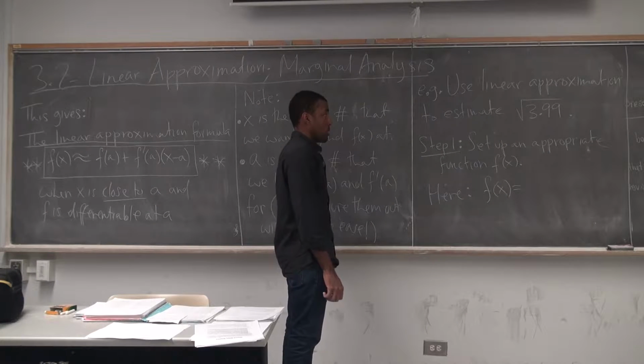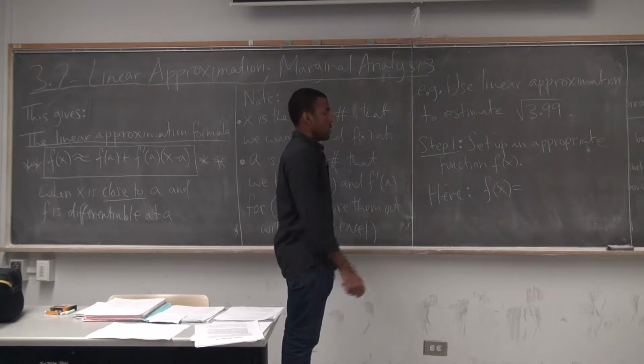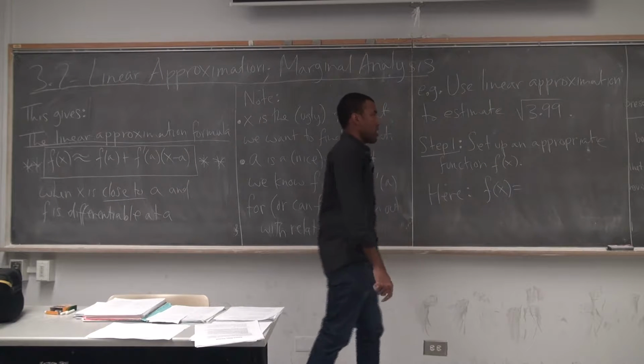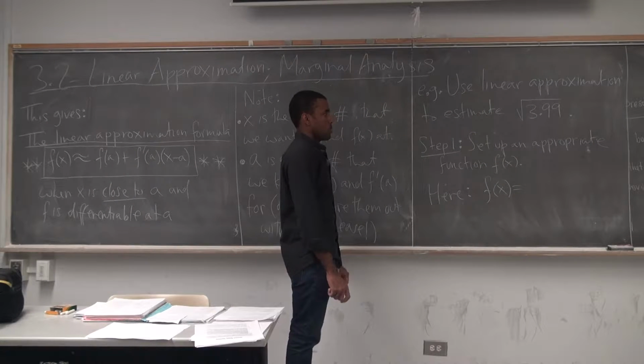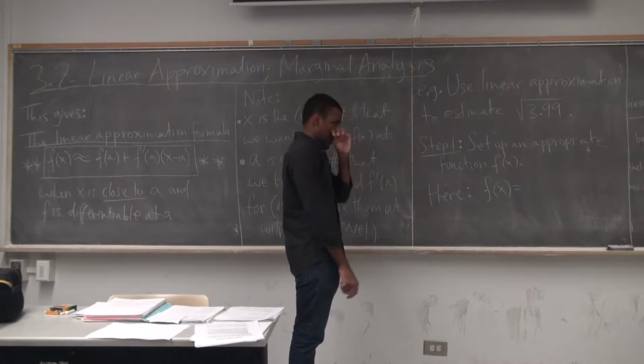Take a guess. Approximation formula? No, like the actual f of x that you want to use to figure that out. What do you think you can use? Two? Like the function two? Like this horizontal line?